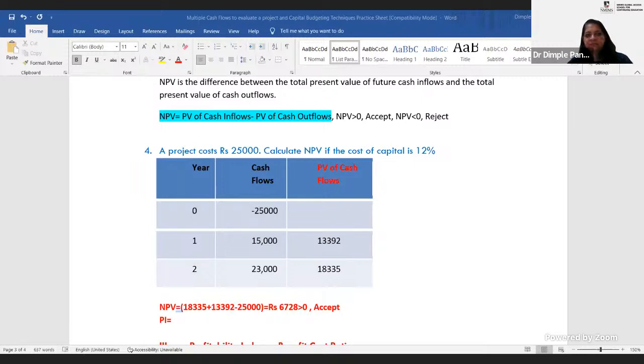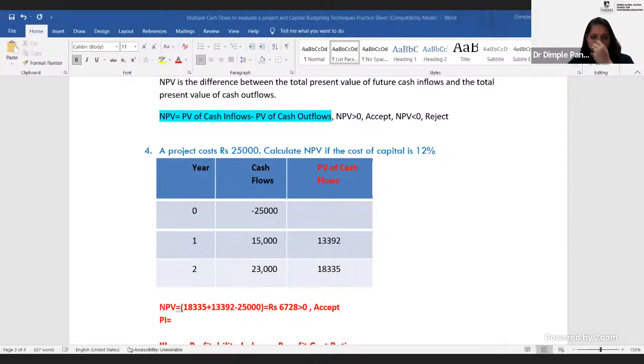Done. Would you accept it? 1.26. That means your inflow is going to be greater than the outflow. It's greater than 1. Would you accept or not? Yes, definitely. NPV greater than 0, PI greater than 1 is something that I would definitely prefer in order to make the investment.